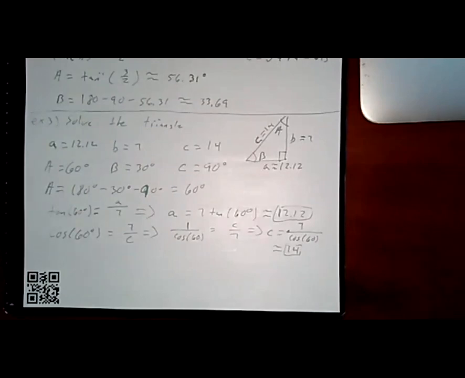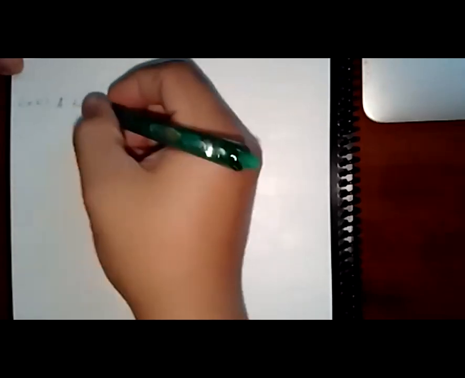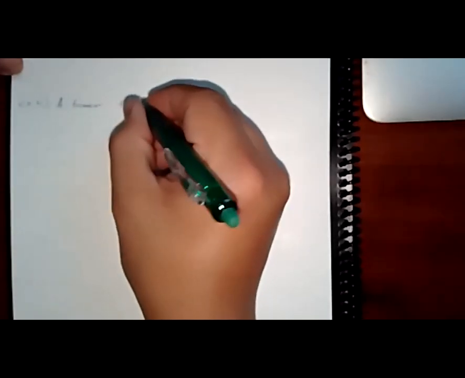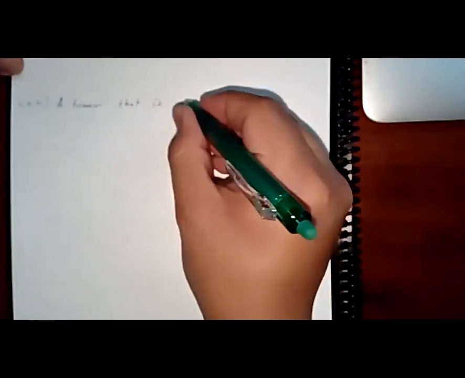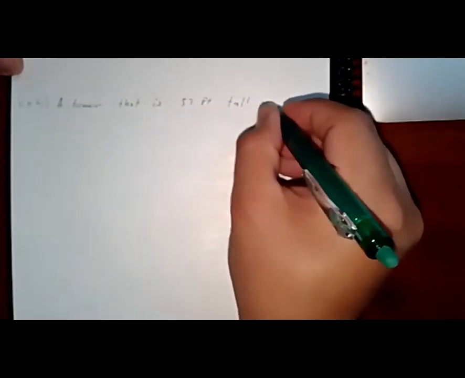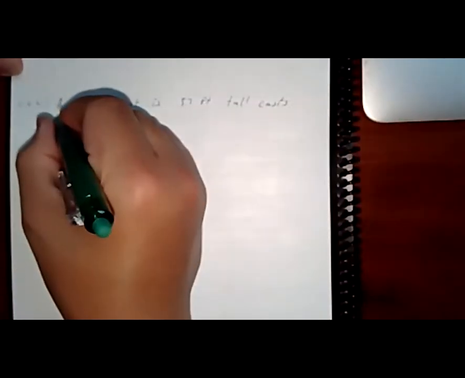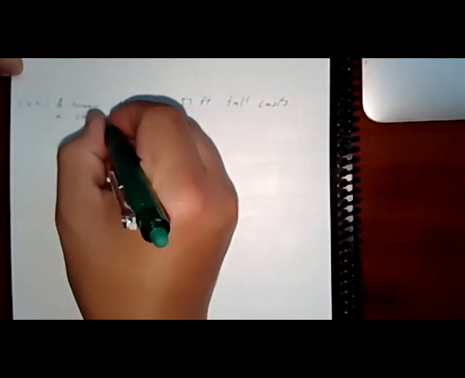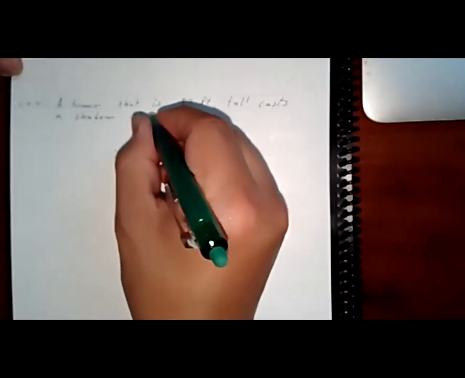Okay, let's do a word problem. A tower that is 57 feet tall casts a shadow 82 feet long.